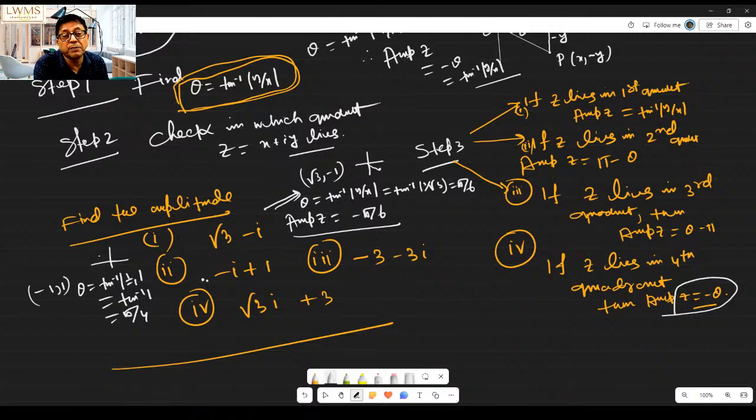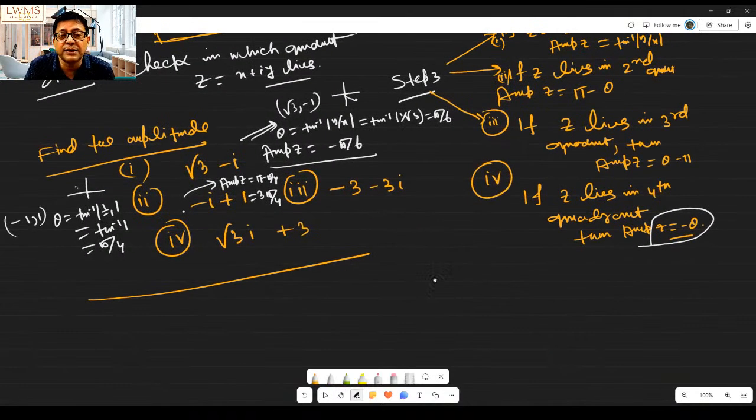In which quadrant does the complex number lie? In the second quadrant. So its amp z will be pi minus pi by 4. Is that clear? And what about the second case?